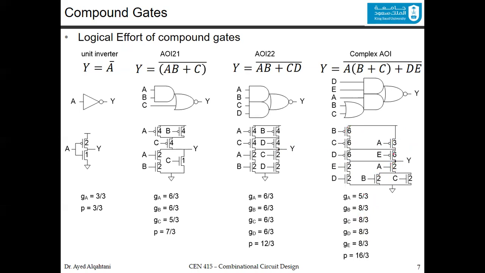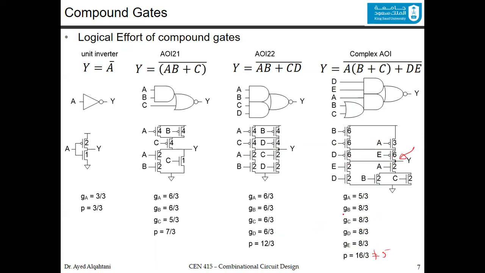Now for the parasitic, you can't say that it is 5. Let's look here: 6 plus 6 plus 2 plus 2, that's 16/3. That's 16/3, and this is not equal to 5. So for the parasitic, if you have a common circuit, you just count the number of inputs.